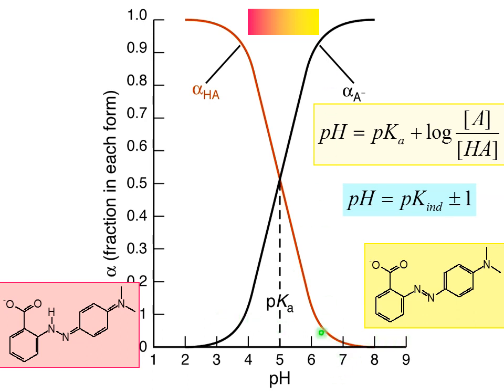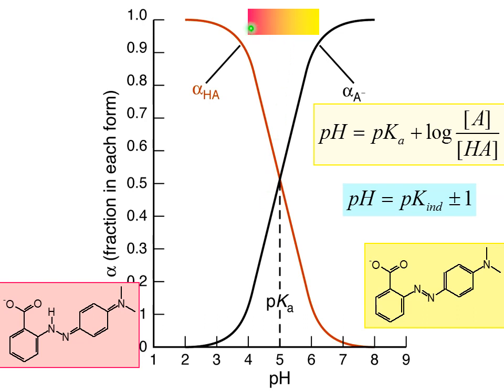When you're coming within 1 unit of pH of the pK, you start to change from yellow to red. So you see something yellow, more reddish, orange in the middle. Again, this is a place where you want to stop.